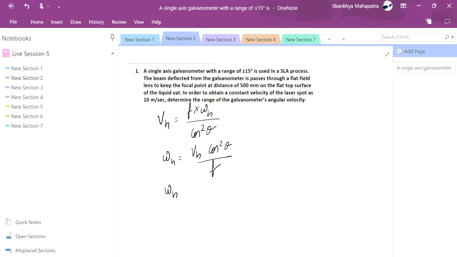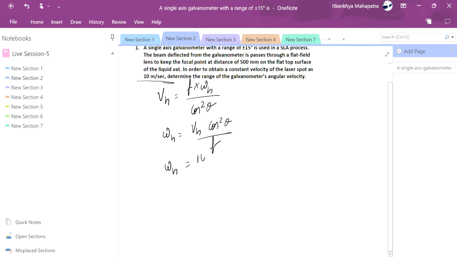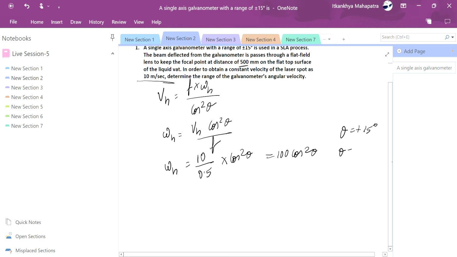Now we know VH is equal to 10 meters per second. So 10 by 0.5. This is 500 mm, which is 0.5, into cos square theta. This becomes 100 cos square theta. Now we have theta plus minus 15 degrees.